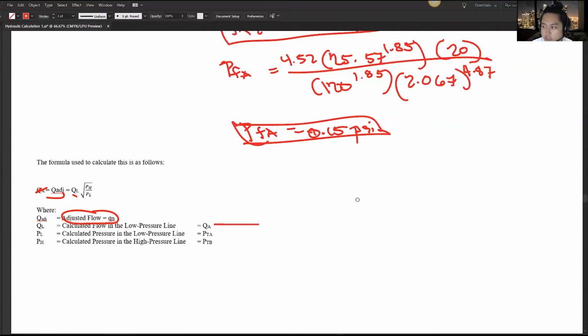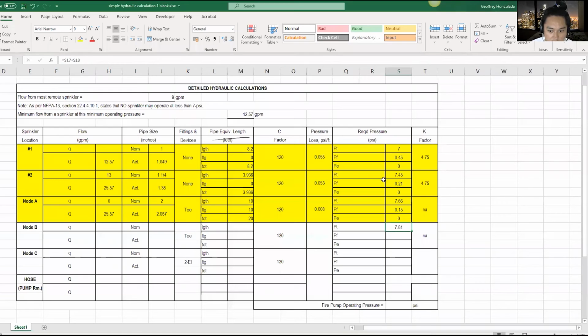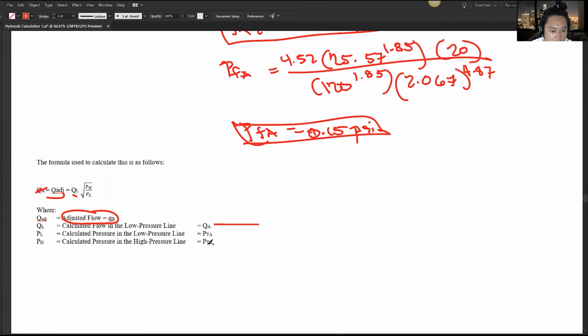So our low pressure line, if we go back to our table, is this one, 7.66. And our high pressure line is this one. So this is the PTB, PTI and PTV. If we substitute to solve for QB, the small b, QL is equal to QA.